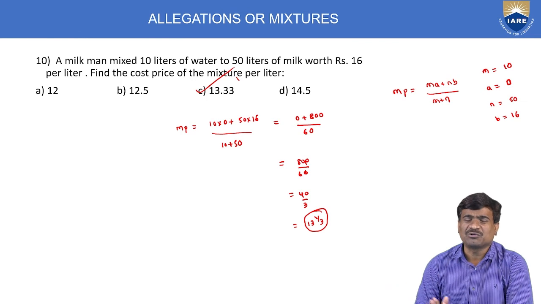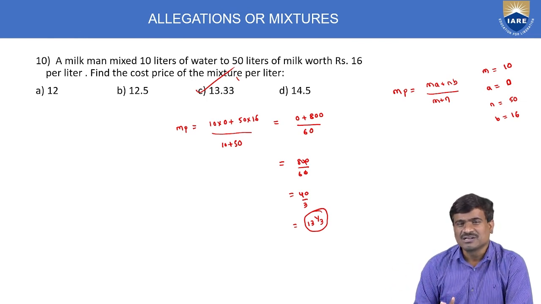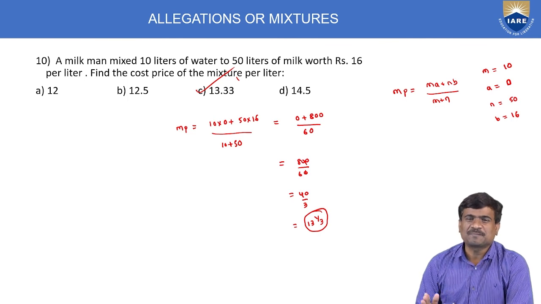Selling price is converted into cost price when profit or loss is given. Selling price is equal to cost price into (100 plus G) by 100 when gain is given. Selling price is equal to cost price into (100 minus L) by 100, where L is the loss percentage.